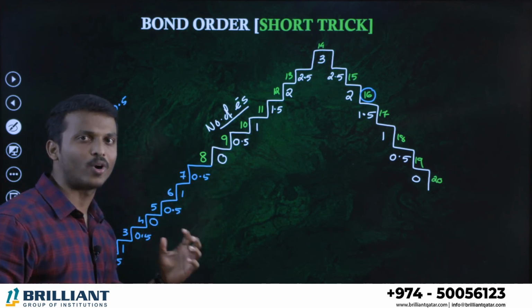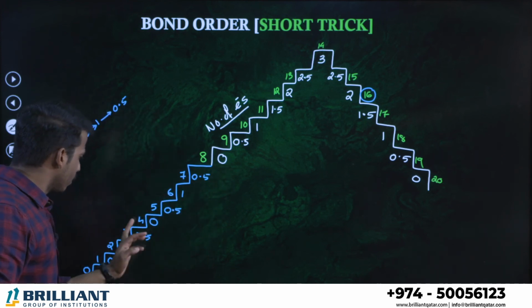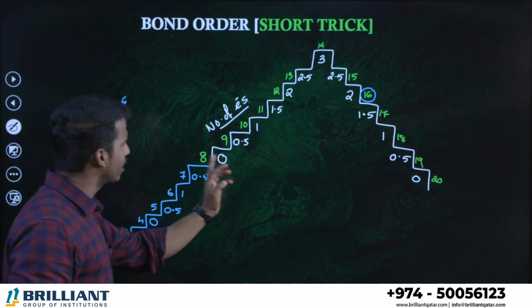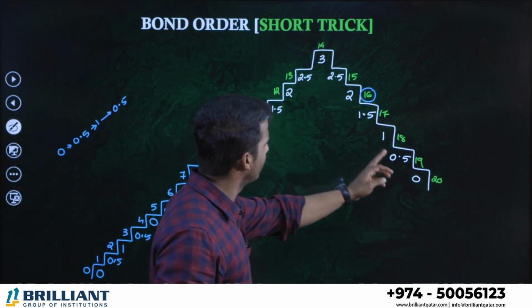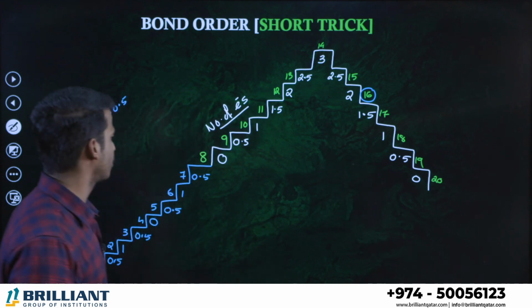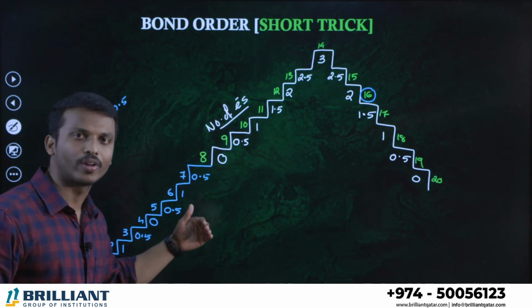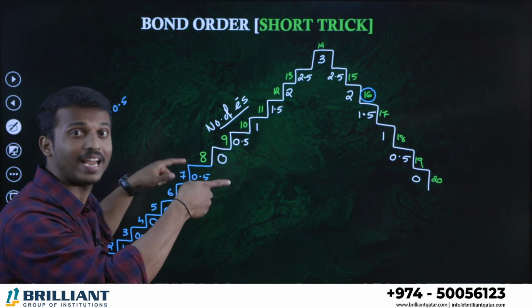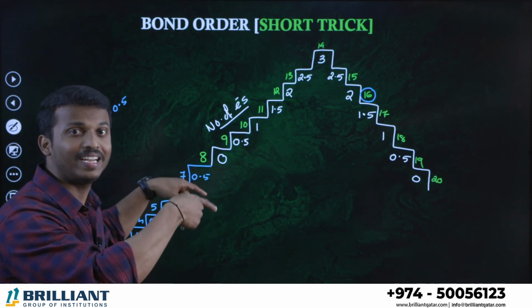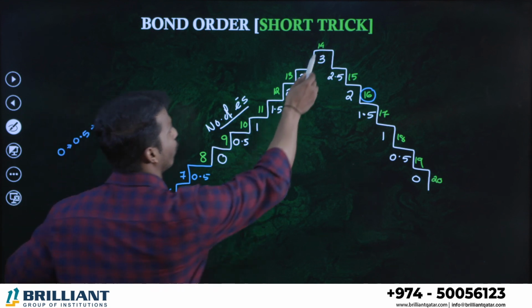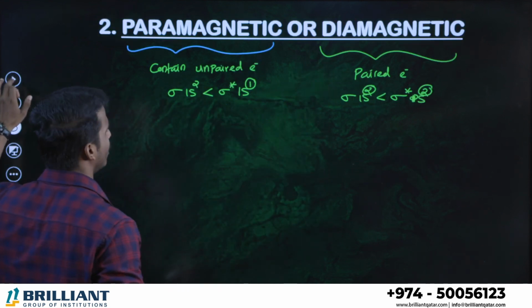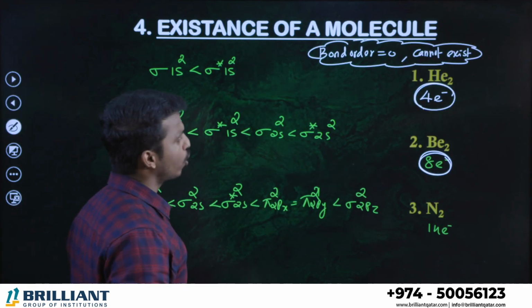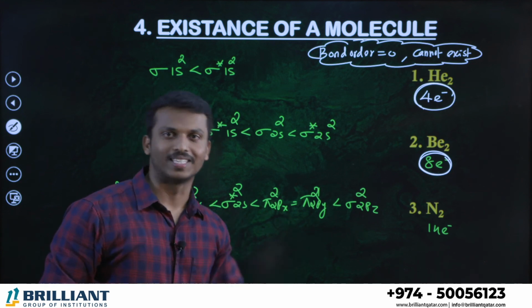Which systems have bond order 0? The 4 electron system, the 8 electron system, and then the 20 electron system. Especially in these kinds of cases, the bond order is 0. What about the last example we discussed, nitrogen? N2, 14 electrons, bond order is 3. So which molecules cannot exist?